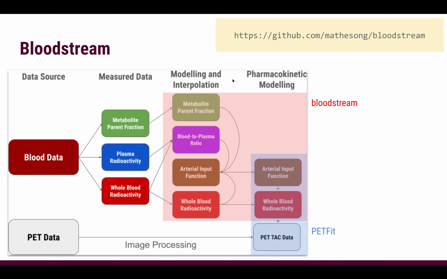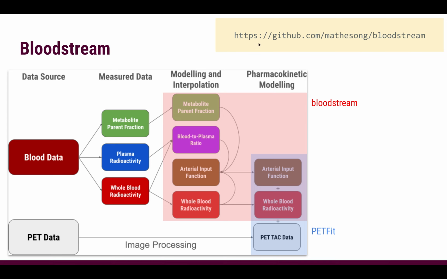Then we perform modeling and interpolation of the metabolite parent fraction, of the blood to plasma ratio, of the arterial input function, as well as the whole blood radioactivity, in order to get a modeled interpolated arterial input function and whole blood radioactivity for the subsequent modeling.